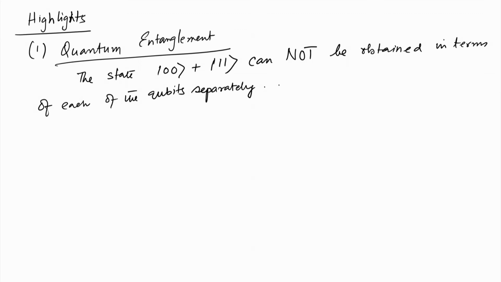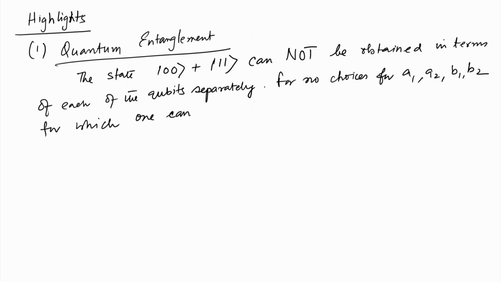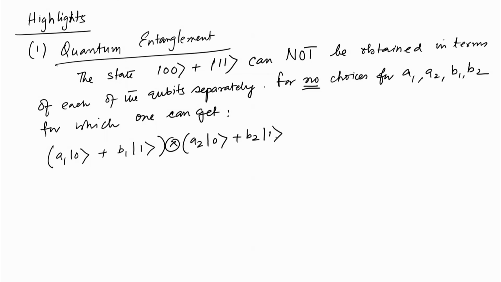So, what we mean to say is that there are no choices for A1, A2, B1, B2 for which one can get A1 0 plus B1 1 and then A2 0 plus B2 1 to give 00 plus 11.